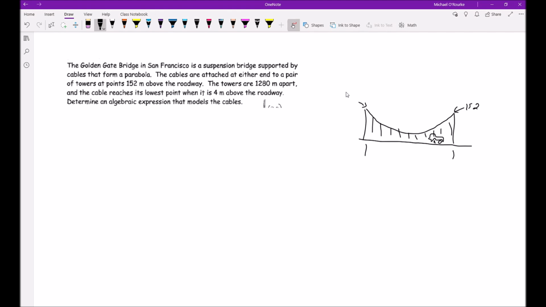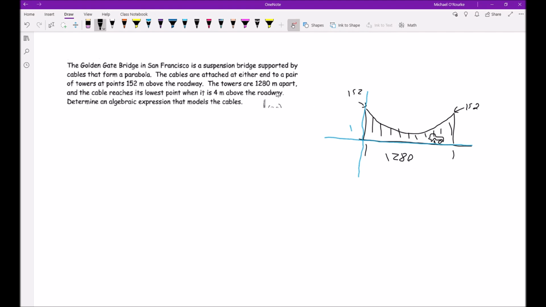And this is the 152 as well. Right? If we were doing like an XY graph here. Let me see here. So there's like our Cartesian plane.